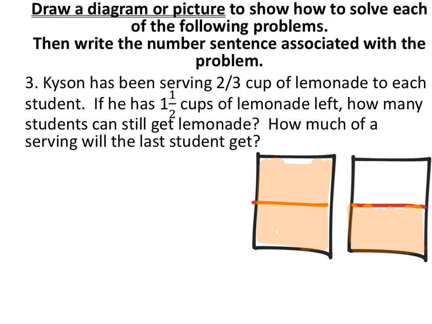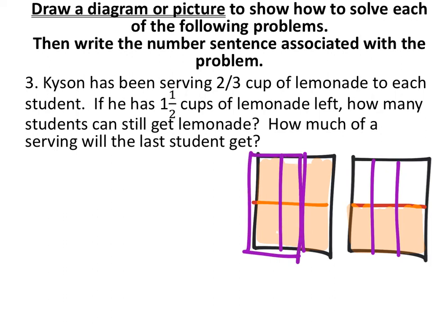But we want to know how many 2/3 are in there, right? So I'm going to split this up into thirds. This way. Oh, pan again. There we go. Now I know this splits it up actually into sixths, which is kind of important. But I want to know how many 2/3 are in there. Well, we're looking at the purple now, and this would be one serving right here, in purple.